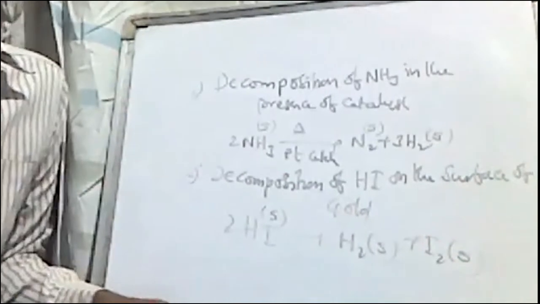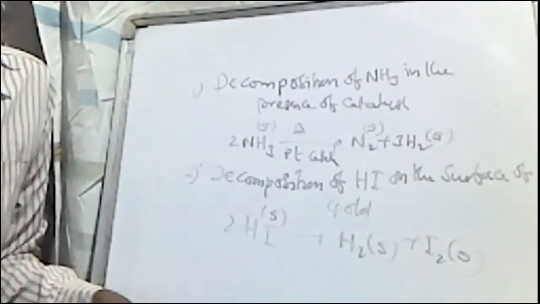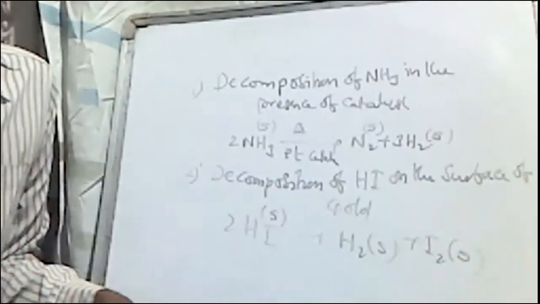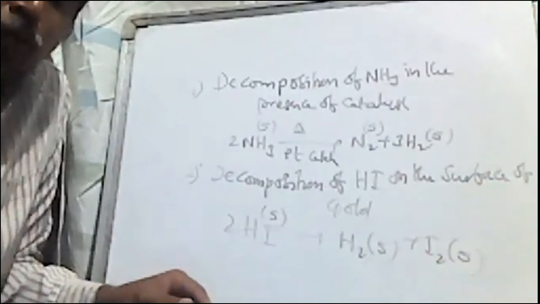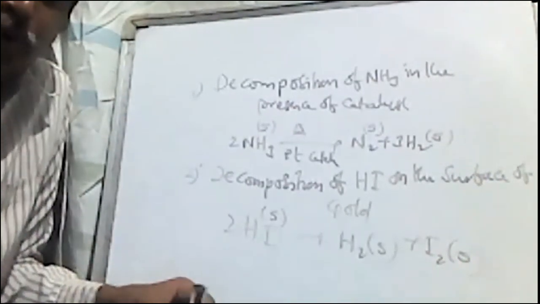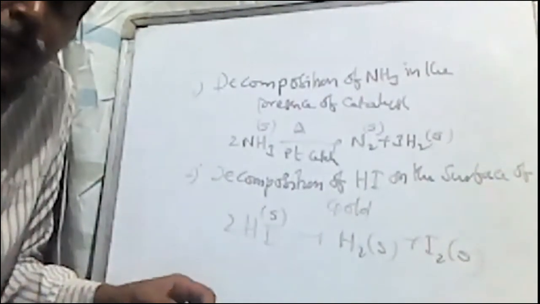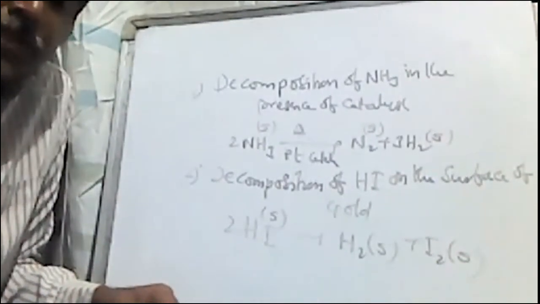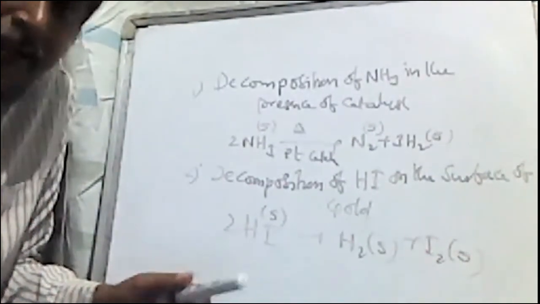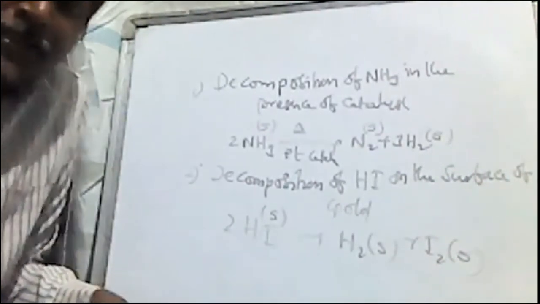It is another example for zero order reactions. Similarly, decomposition of nitrous oxide: 2N2O gives rise to 2N2 plus O2. This is also decomposition on the surface of metal catalysts, and also an example for zero order reactions.